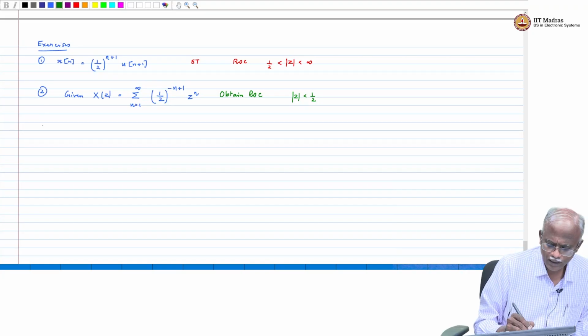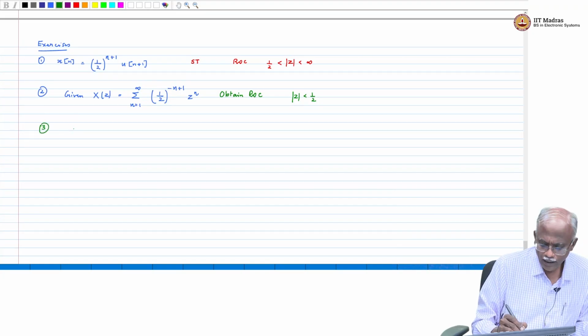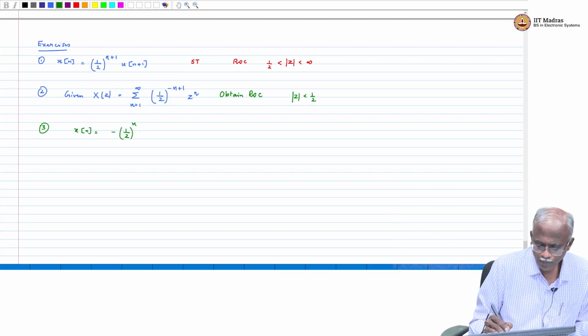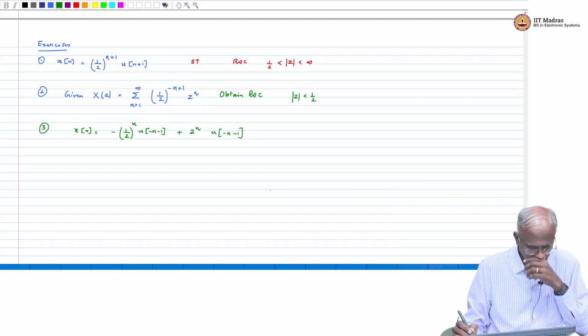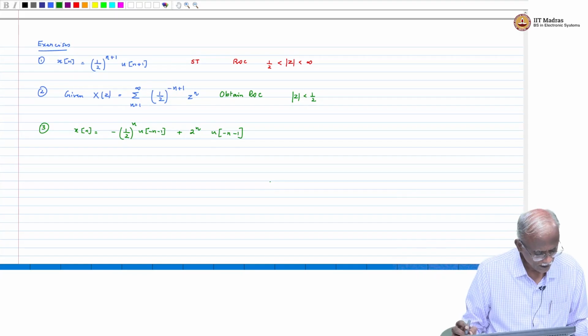Third example. X of n is equal to minus (1/2) raised to the power n u of minus n minus 1, plus 2 power n u of minus n minus 1. What is the ROC?